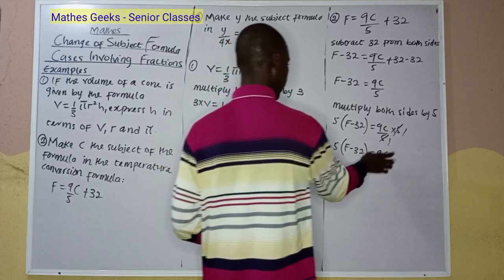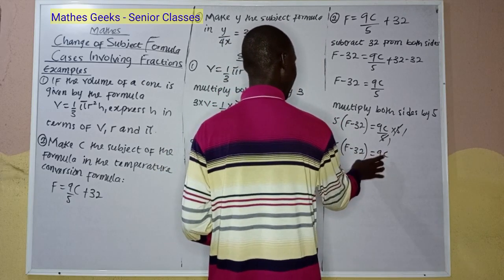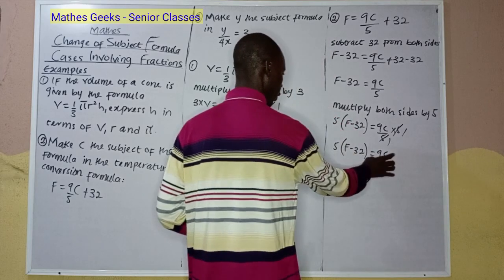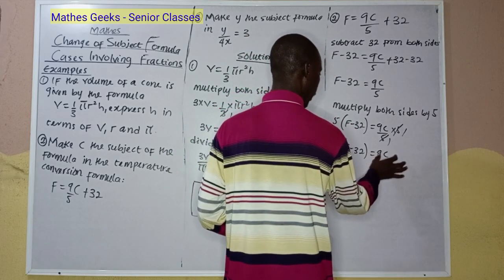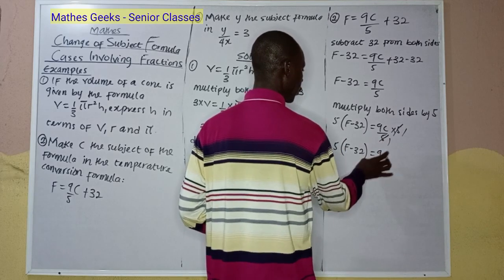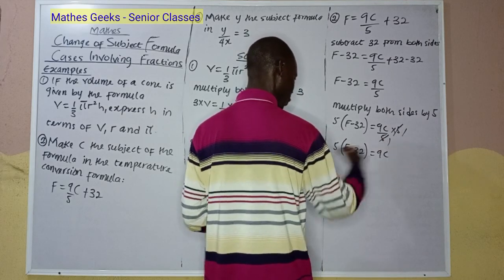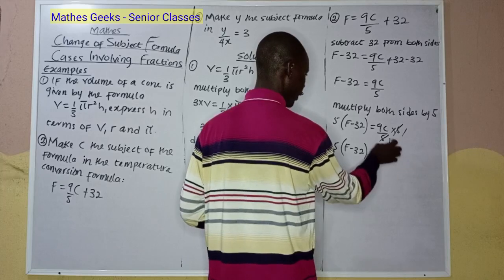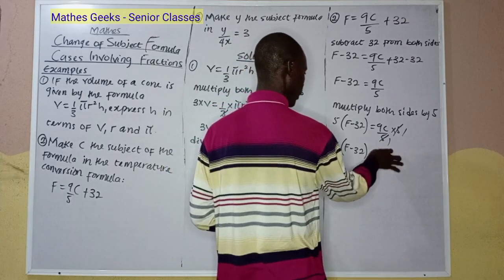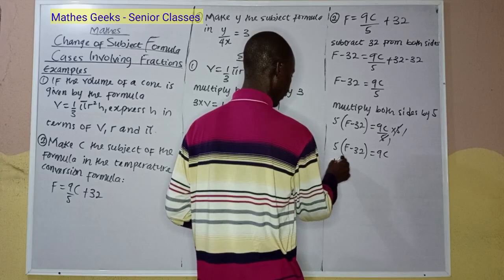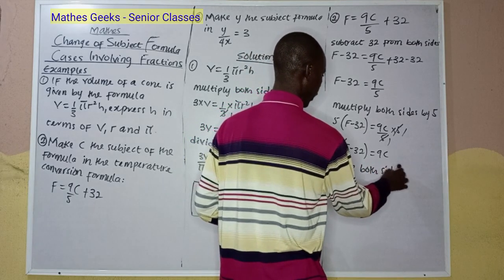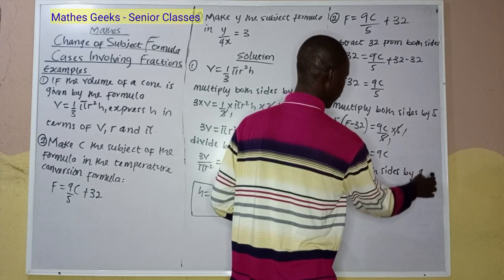Remember, we are making C the subject formula, so we don't want 9. To eliminate 9, this is multiplication. What bonded 9 to C together is multiplication. So to undo the bond, to remove or separate 9 from C, we need to divide both sides by 9. Since this is multiplication, we're going to divide both sides by 9.